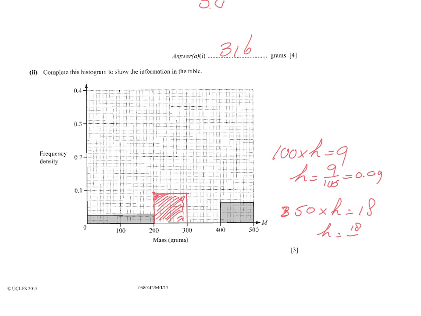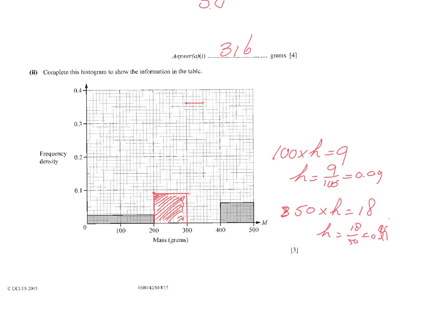So the height is 18 divided by 50. 18 divided by 50 equals 0.36. So where is 0.36? That is going to be 0.3, 1, so that's going to be over there. So make sure you have a good look at the scale. Each tiny square is 0.01.